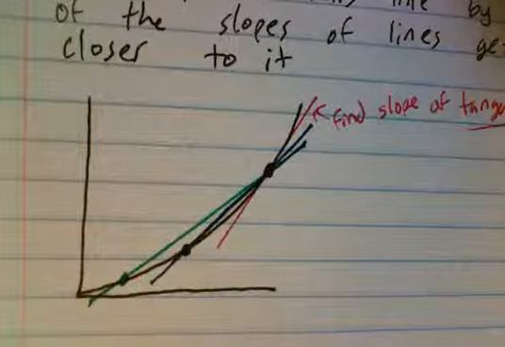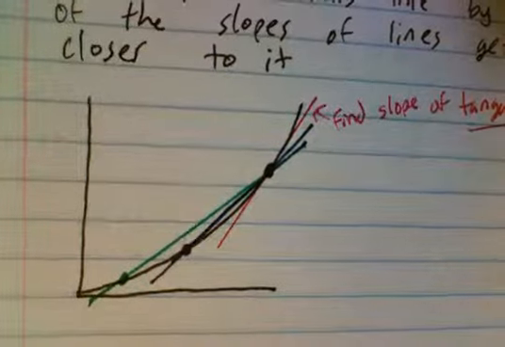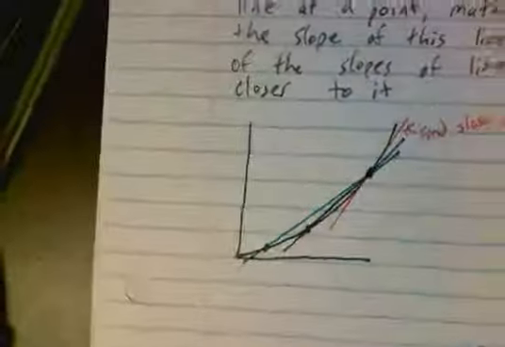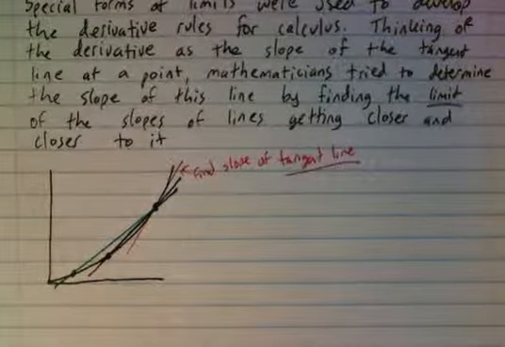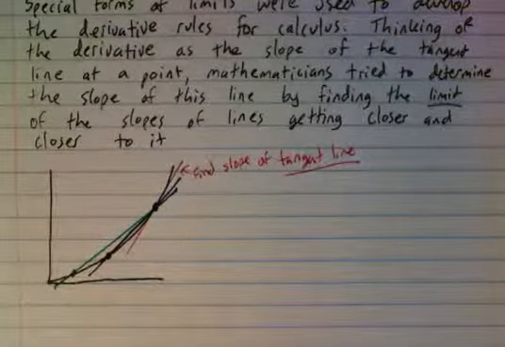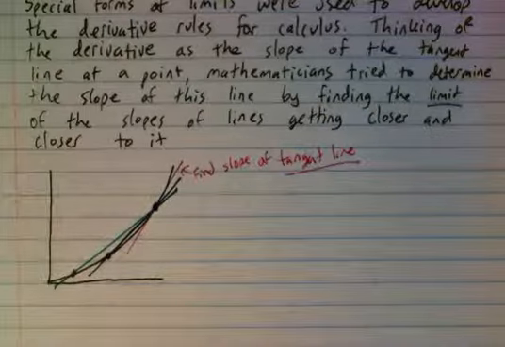And so one thing that they could do is they could just calculate the value of each slope and sort of do a table and figure out what the derivative was going to be that way. But mathematicians represent this algebraically instead because they're mathematicians. That's kind of what we do.